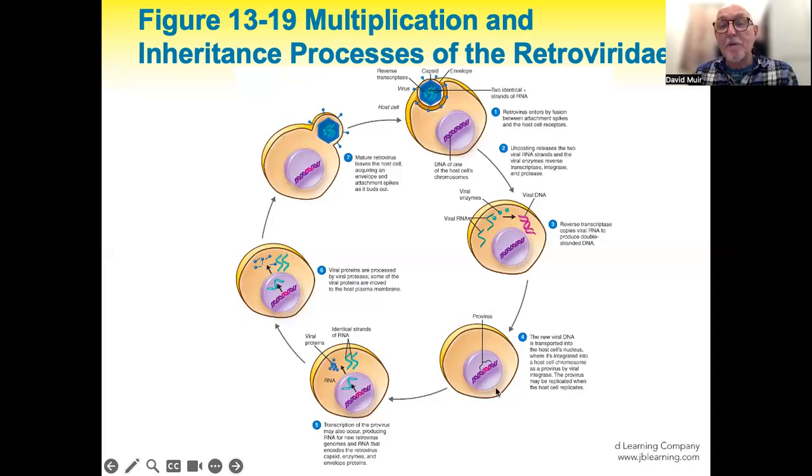And in T helper cells, that section of viral DNA, which we call a provirus, remains silent. It is not transcribed until the cell itself is activated by the immune system.